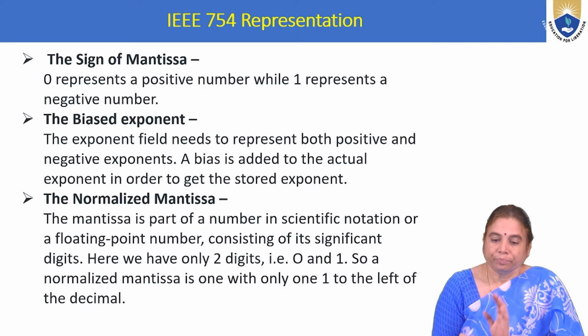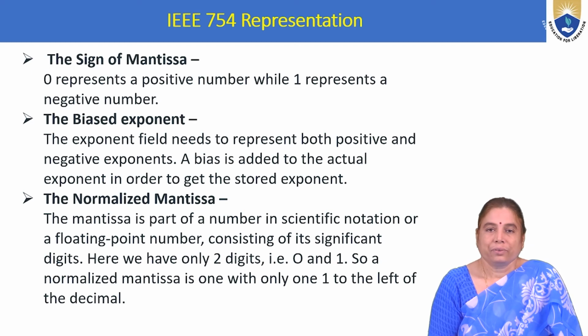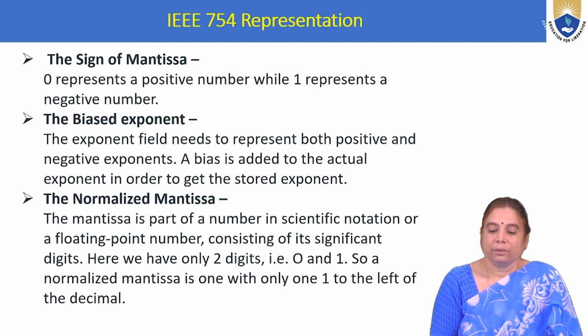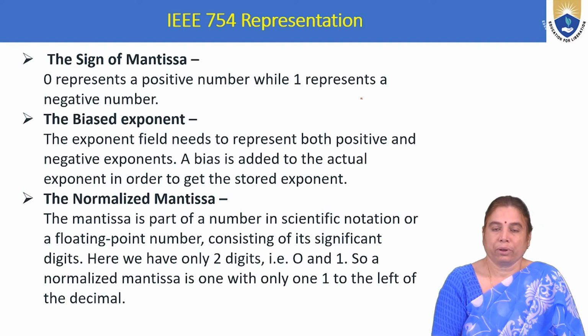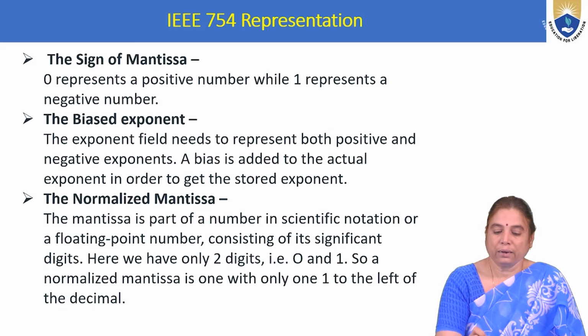So here the IEEE standard 754 can be used to represent the floating points. Here 0 represents a positive number, 1 represents a negative number. Then there is the biased exponent: the exponent field needs to represent both positive and negative exponents, so a bias is added to the exponent in order to get the stored exponent.